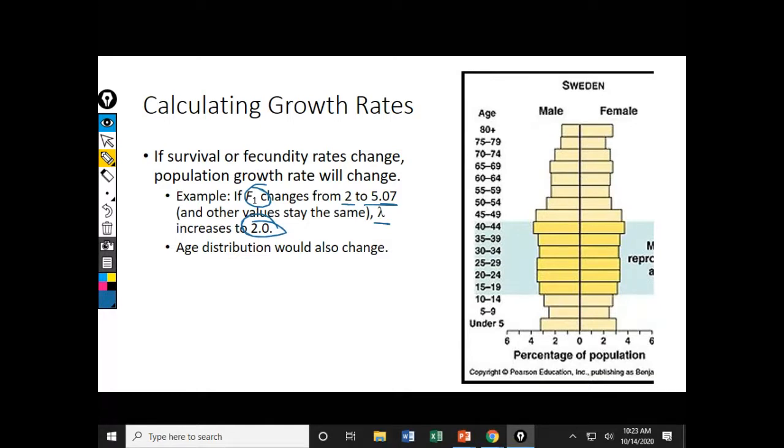So basically a doubling of a population every year, which is absolutely terrifying. But then again, so is having 5 kids per person. So anytime any of the values from our life table changes, we also have to update our growth rate.